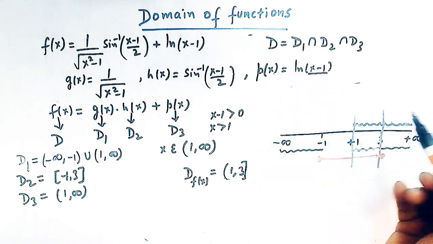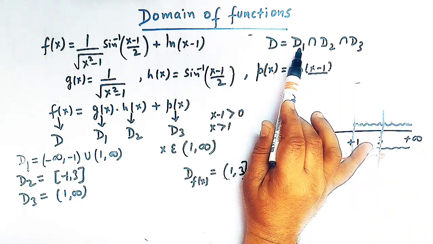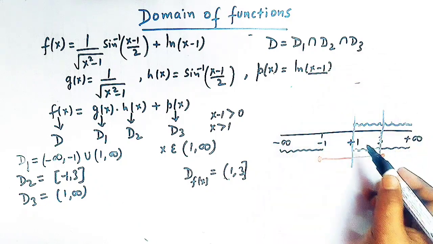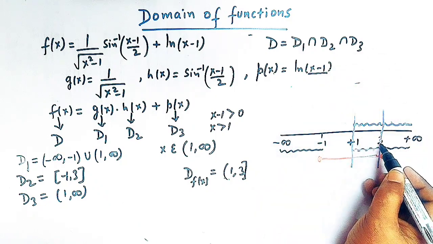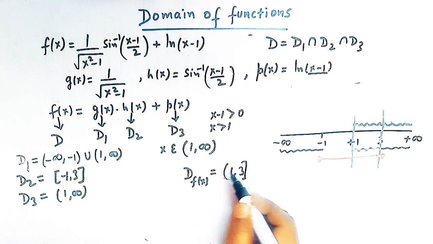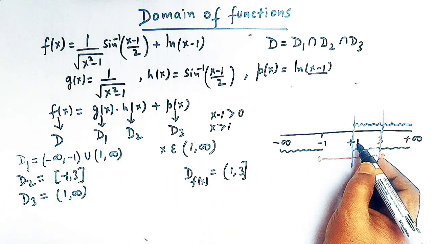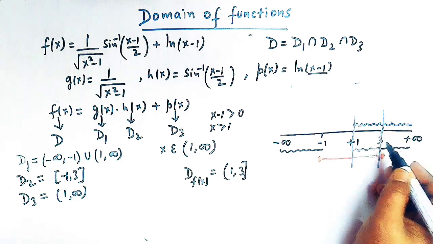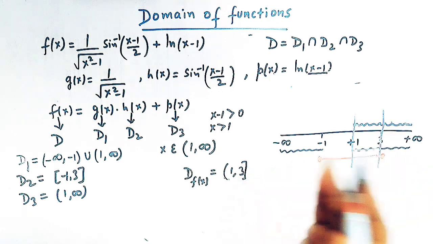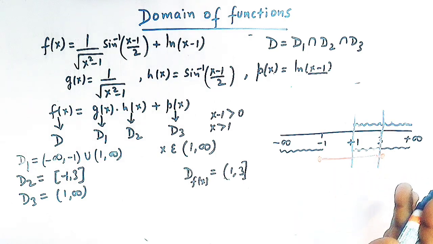So the common region identified from the domains d1, d2, d3 is from 1 to 3, and this interval is open from the left, that is x is equal to 1 is not included, and closed from the right, that is x is equal to 3 is included.